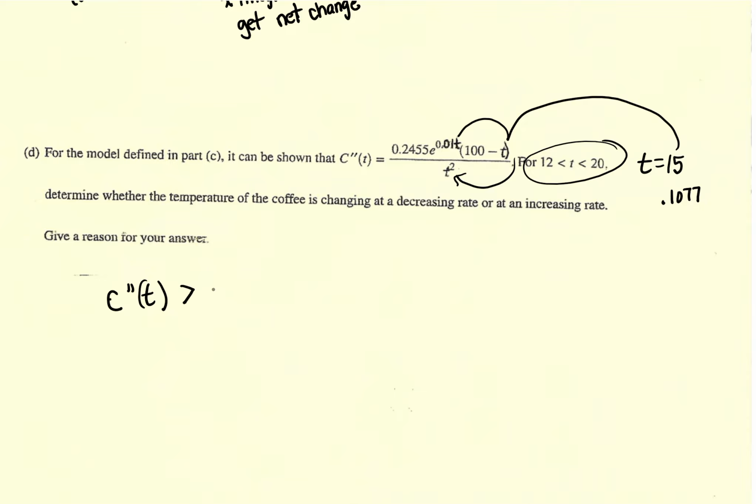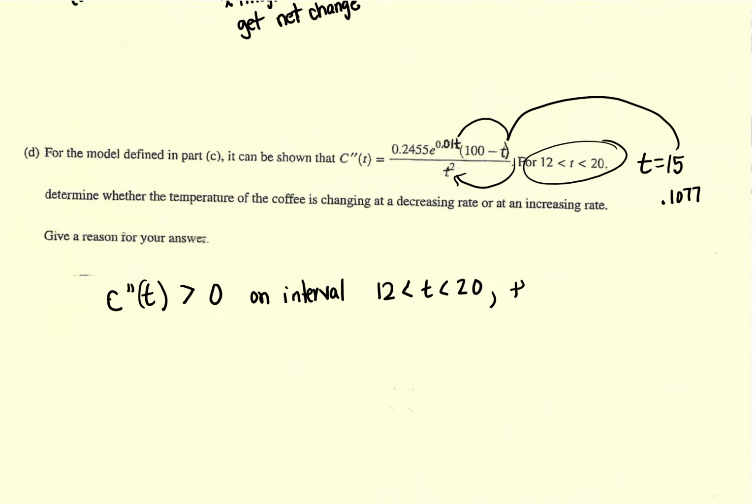Basically, it's positive. So that means that the second derivative is positive on the interval from 12 to 20. So if my second derivative is positive, it means the temperature is changing at an increasing rate. So the second derivative is positive on that interval.